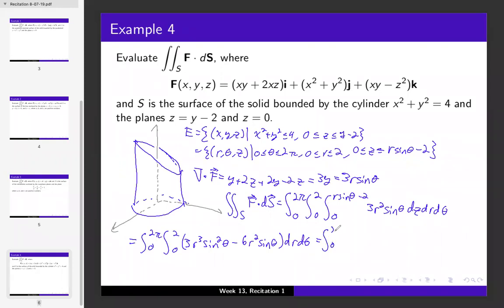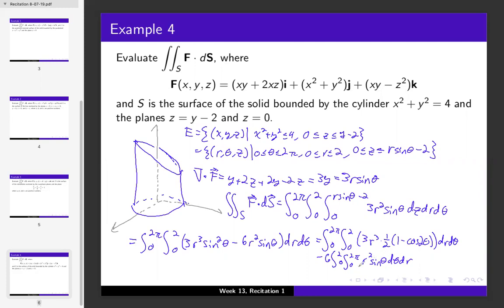So we can write this as the double integral from 0 to 2 pi, integral from 0 to 2 of 3r cubed times 1/2 times 1 minus cosine 2 theta, dr d theta, minus 6 times the integral from 0 to 2, integral from 0 to 2 pi, r squared sine theta d theta dr. I changed the order here because I can, since the bounds are constant, and the reason I did that was because this term will actually vanish.